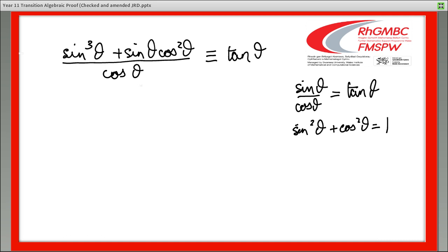So again, I'm going to do the left-hand side, right-hand side. I'm going to start with the left-hand side because it's a bit easier to work with there. More information, I can do more. So if we take the left-hand side, on the top line, I'm going to take out a common factor of sine theta. So the left-hand side, I'm going to write that as sine theta, and then in brackets, I've removed a sine theta from the sine cubed, so I'm left with sine squared.